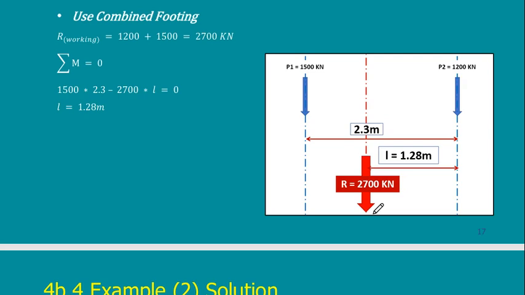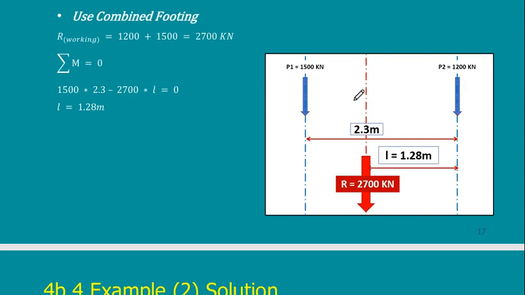But what I need to prove is where the location of this resultant is. To get this resultant, the easiest thing is to say that moment at this point equals 0, or moment at this point equals 0. Suppose I say moment at this point equals 0.